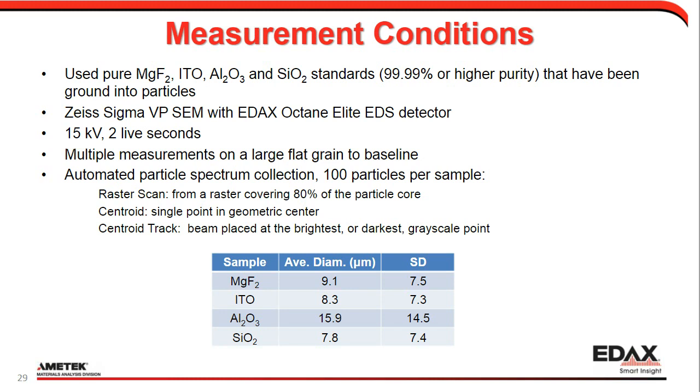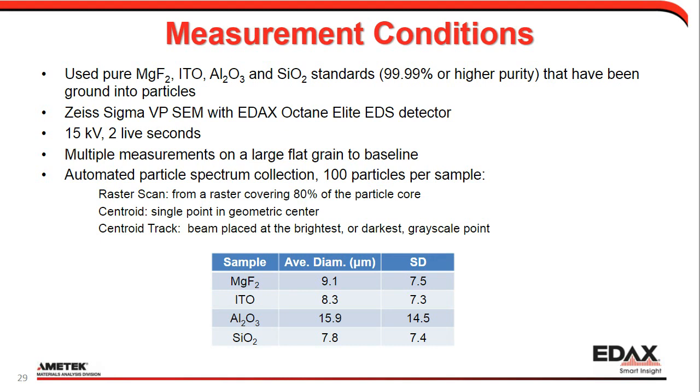To baseline the quantification, the composition of the particles, we did multiple measurements on a large flat grain for each sample. For the outer particle spectrum collection, we collected 100 particles per sample using 3 different strategies.